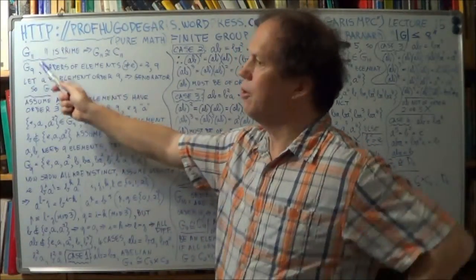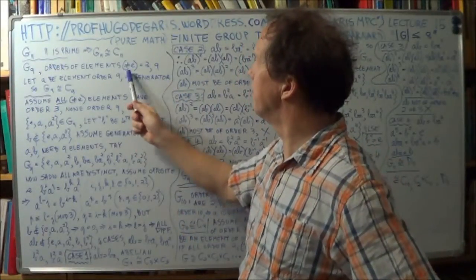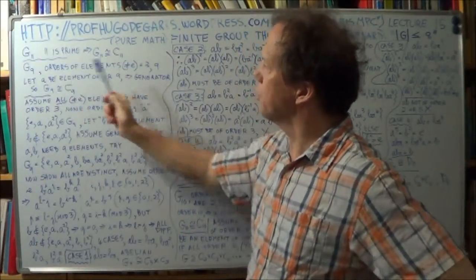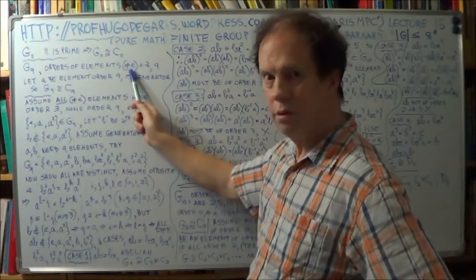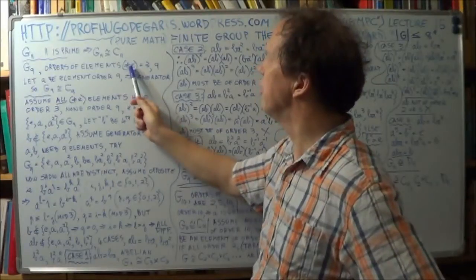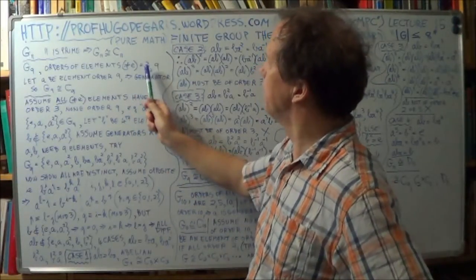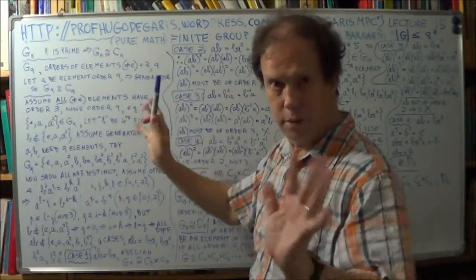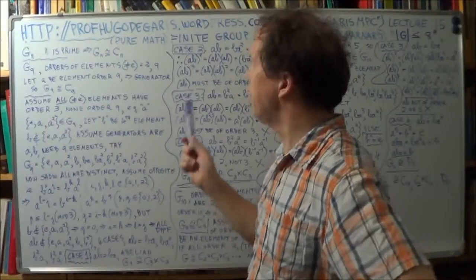Now, forget about order 1. That's just the trivial group. We already know that. So what are the possible orders of the non-trivial elements? They have to be of either order 3 or order 9. That's a result of the corollary.